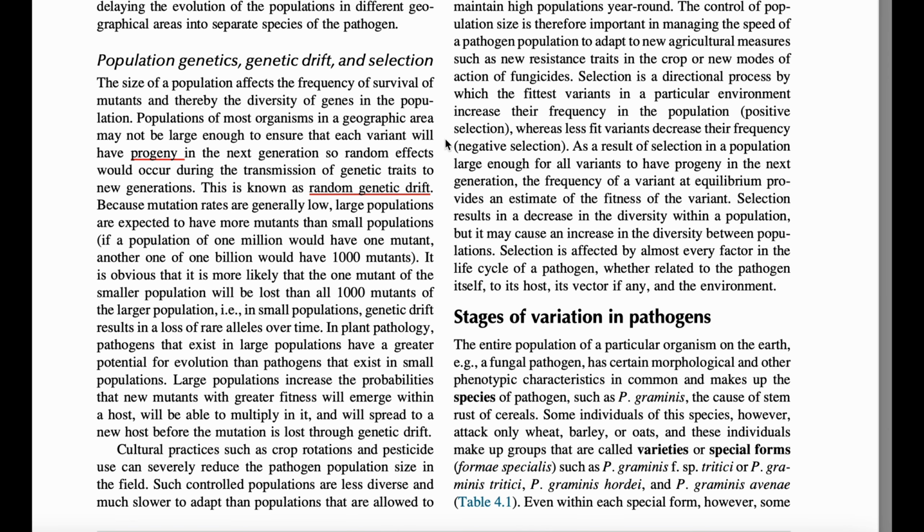The traits better suited to the environment are more likely to survive and reproduce, leading to an increase in favorable alleles. But genetic drift is something else. This is a non-adaptive and random process that causes changes in allele frequency regardless of whether the trait is beneficial or detrimental. That's it. Simple difference between genetic drift and selection.